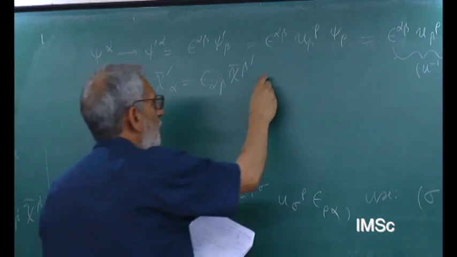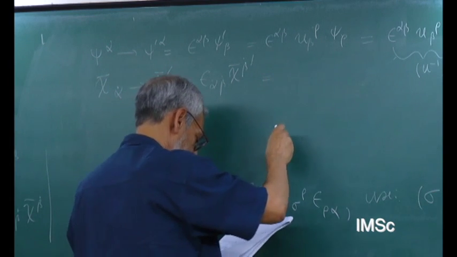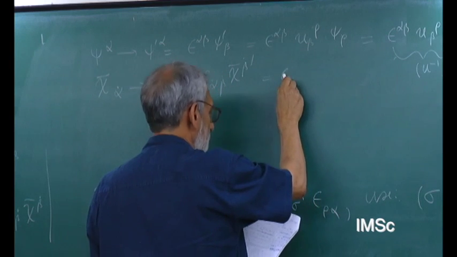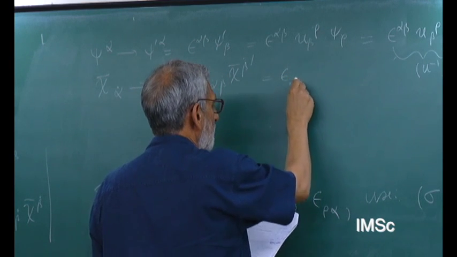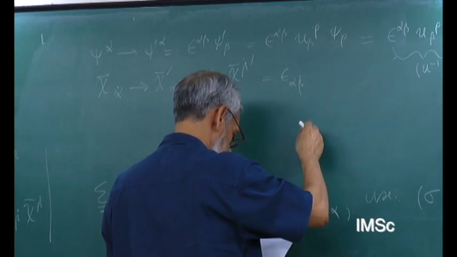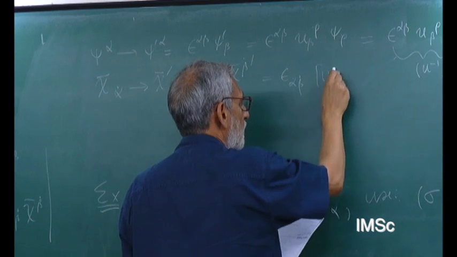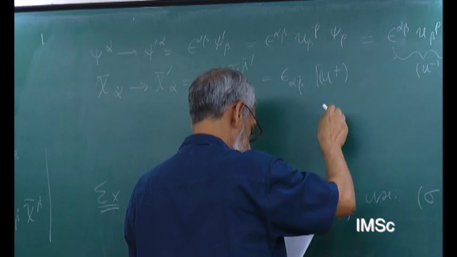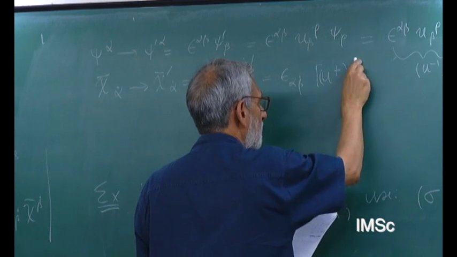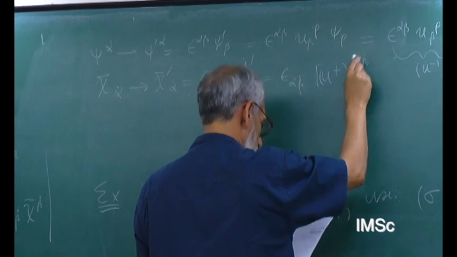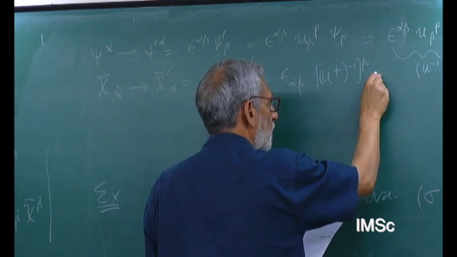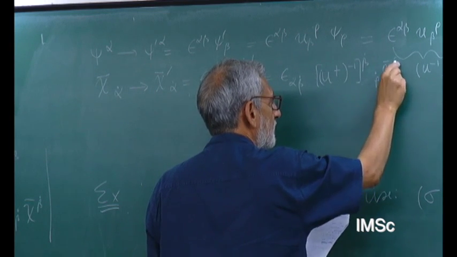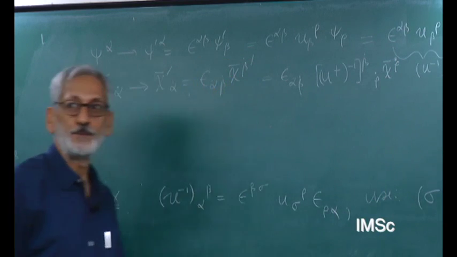And this transformation property, we have prescribed this transformation property, and that was, this is alpha dot beta dot. Check your notes, U dagger inverse beta dot rho dot chi bar rho dot.